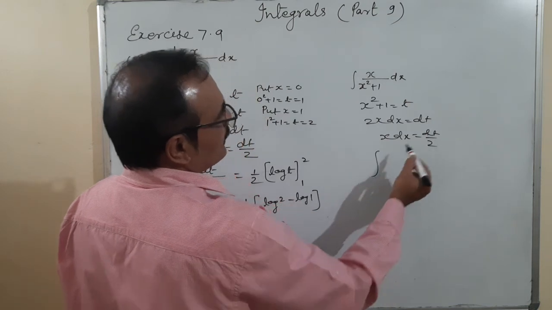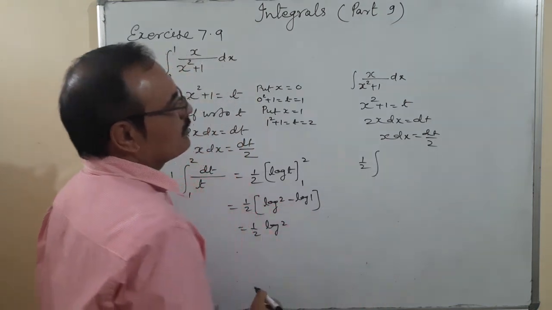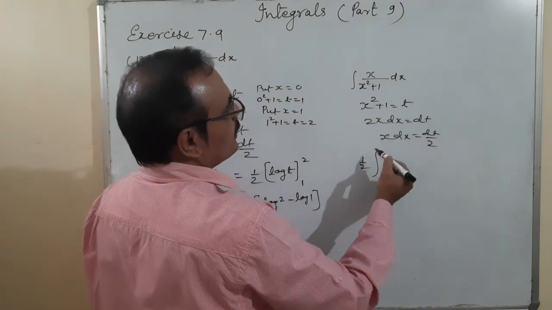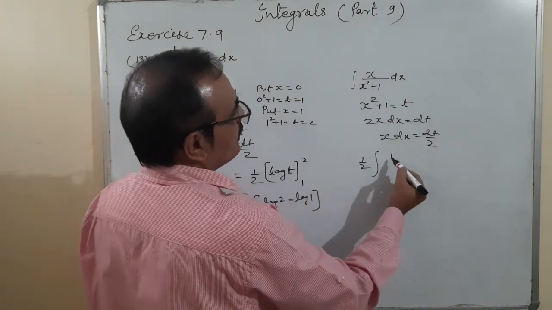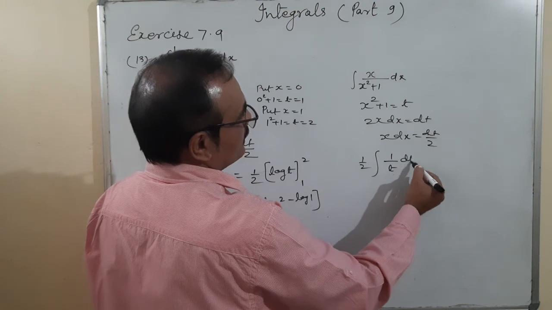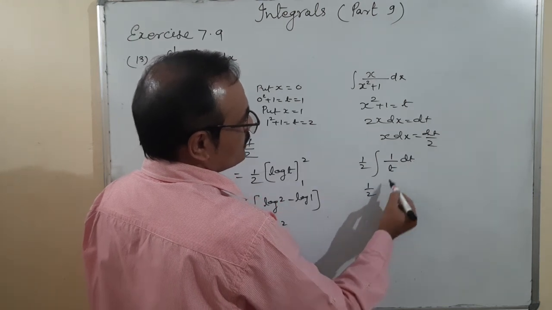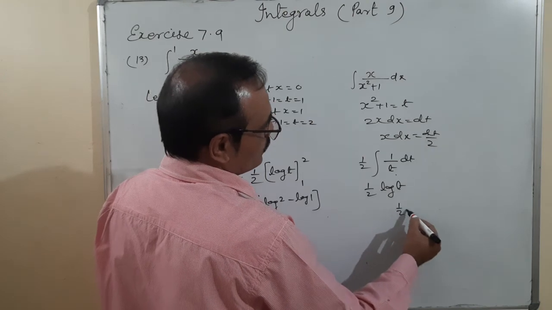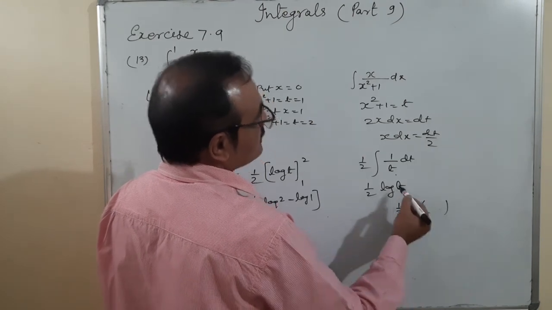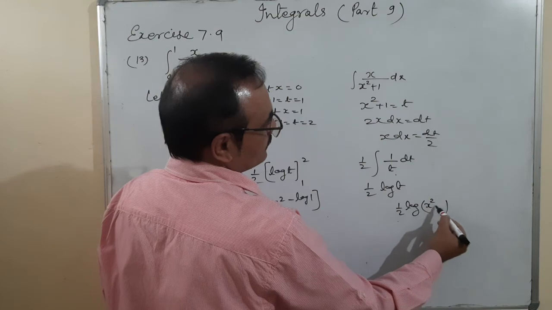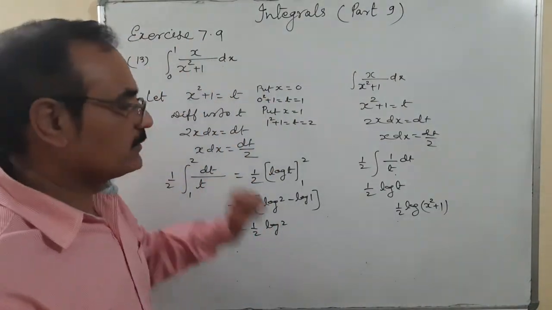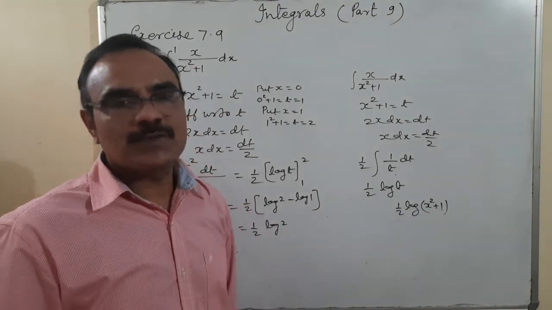It is coming 1 upon 2, and 1 upon t dt. So what is coming? 1 upon 2 log t, and the value of t is x square plus 1. Okay, this is the solution of this question without limit: 1 upon 2 log x square plus 1.